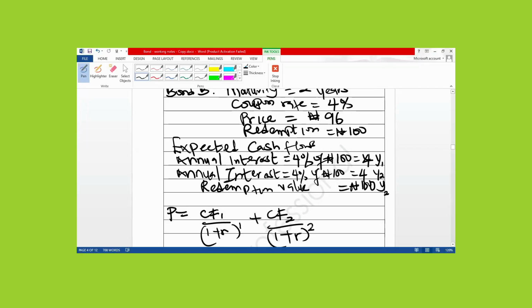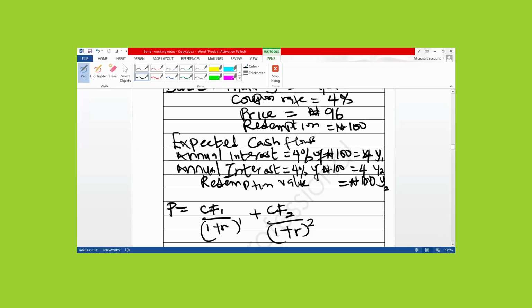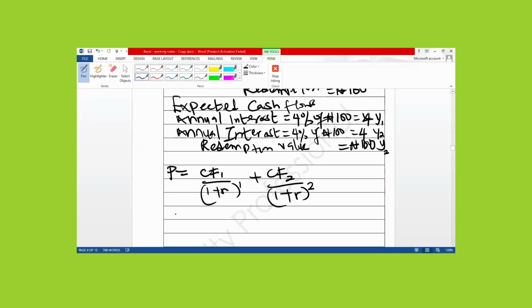Bond B is for 2 years. I know the price today, ₦96.